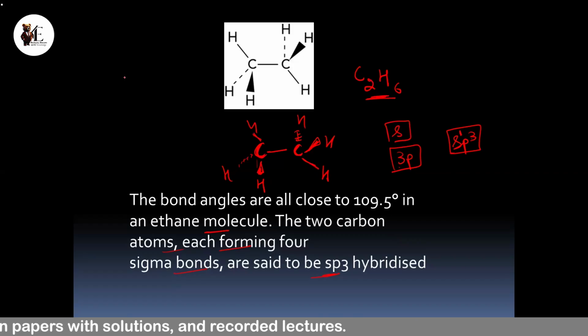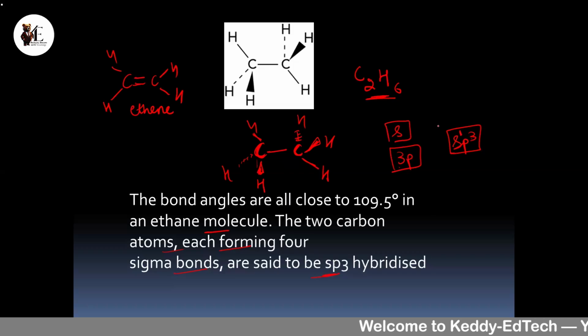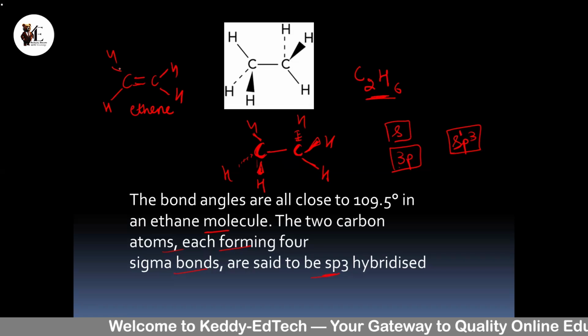If I ask you the hybridization of ethene, then what should be the hybridization of the carbon atom? How many sigma bonds is it making? Because in hybridization only sigma bonds participate, not pi bonds, because pi bonds cannot overlap that much. That's why only sigma bonds will participate.